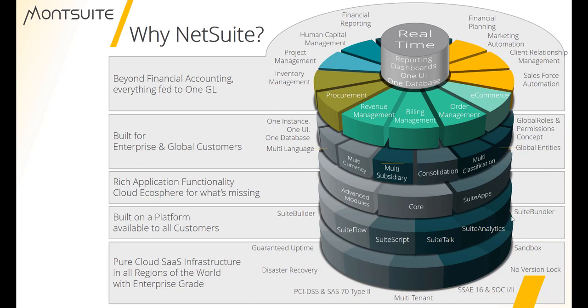REST and SOAP interfaces are what's driving the cloud ecosphere, and NetSuite has built this in from the very start. What is more, in contrast to other providers, which I do not want to name here, every single field, every single record, whether standard or what you customized with SuiteBuilder and SuiteFlow, is immediately exposed and available to SuiteTalk.